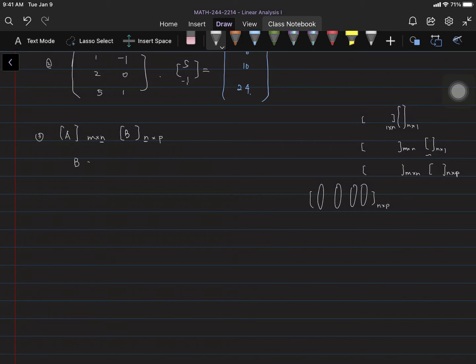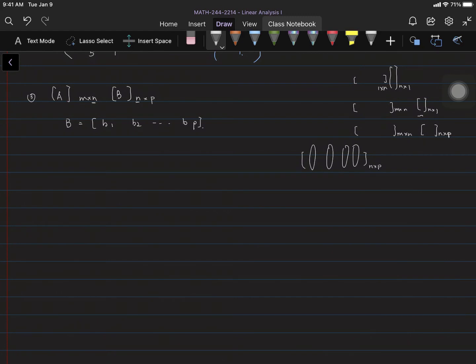We look at B as B1, B2, up to Bp, p columns, and A times B equals A times each column: AB1, AB2, up to ABp. The final product matrix is going to be an m by p matrix. Let's take a look at this in an example. It's much easier in an example.